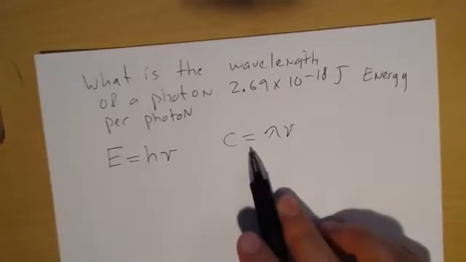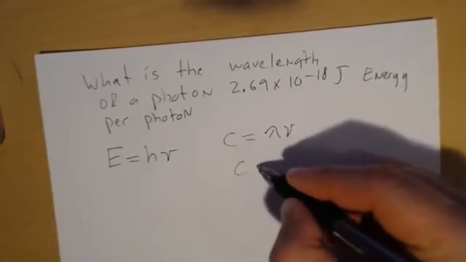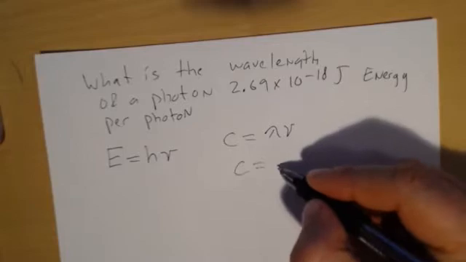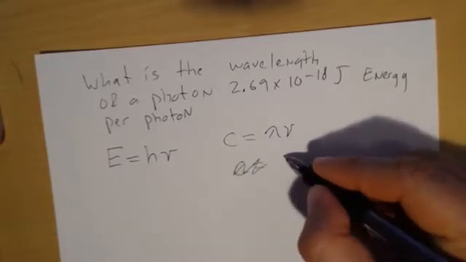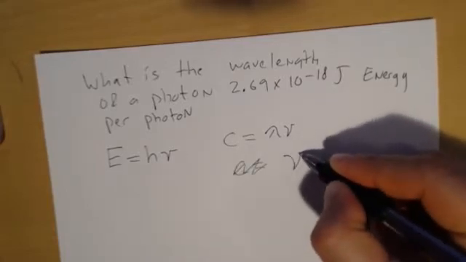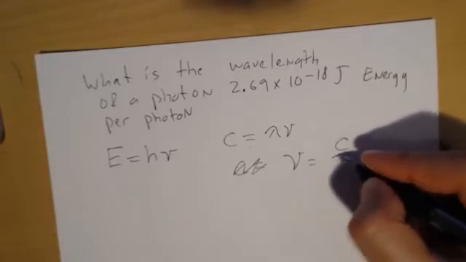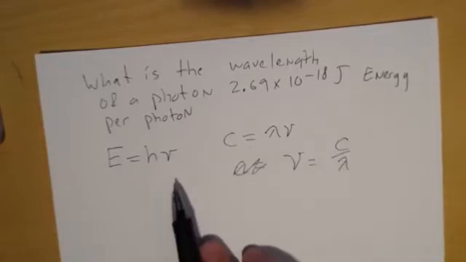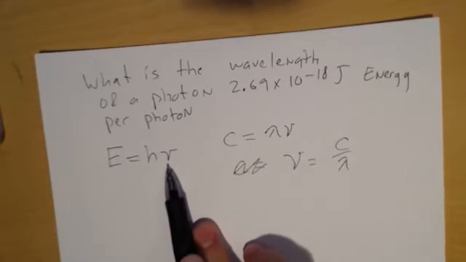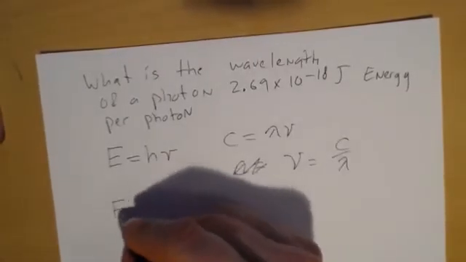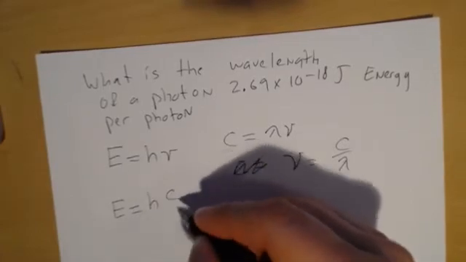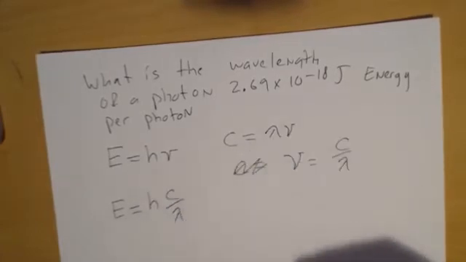If I rearrange this equation, frequency is equal to c over lambda, then I can substitute that in for this one here, right? If that's true, then E is equal to hc over lambda, because c over lambda is equal to nu, right? Does that make sense?